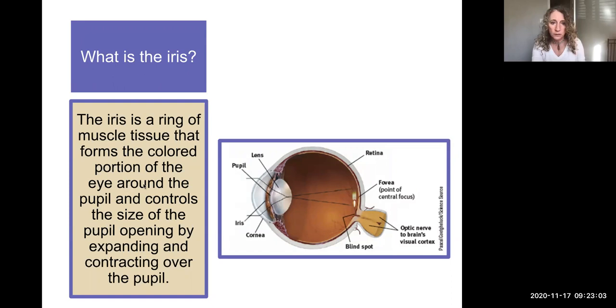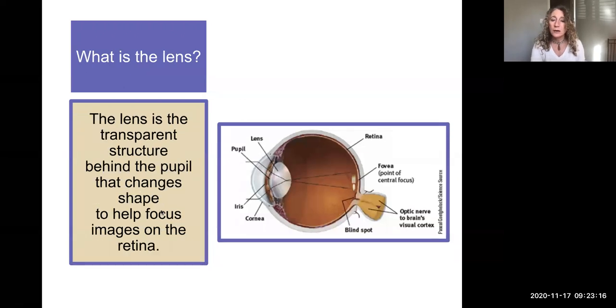The iris is the portion of the eye that controls the size of the pupil. So it expands and contracts depending upon how much light it lets in. And also the other thing I should remember to tell you, the iris is actually the colored part of your eye. So it's a muscle. And I've got a green iris that expands and contracts, and whatever the color of your eye is.